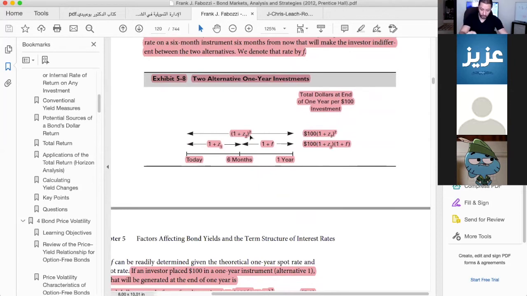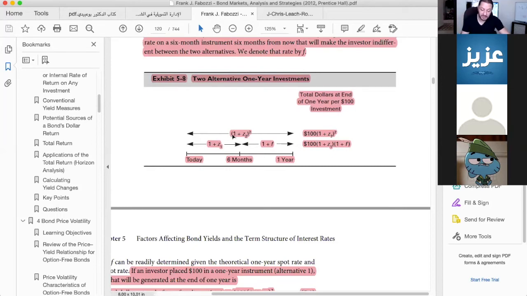This means that this debt security of 1 year will pay the investors twice, the coupon payments every 6 months. So 1 plus Z2, power 2. And by the end, we receive $100 times 1 plus Z2 power 2.